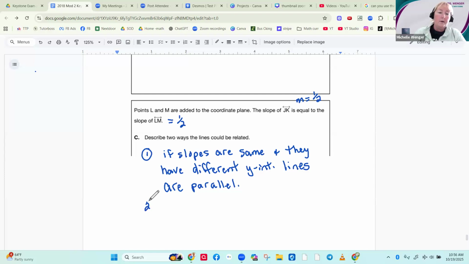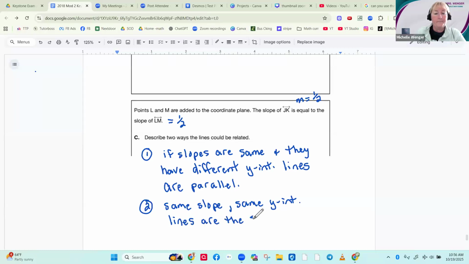Well, still with the same slope, if they have the same y-intercept, the lines are the same. Okay, so those are the two pieces of information you have. There's really no calculations or anything with that one.